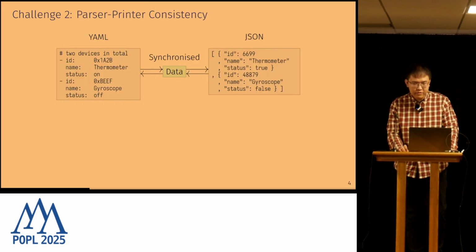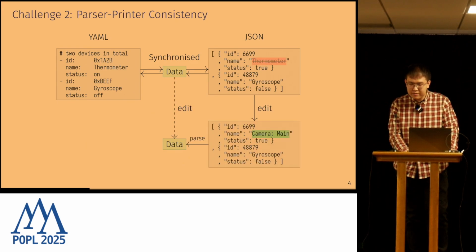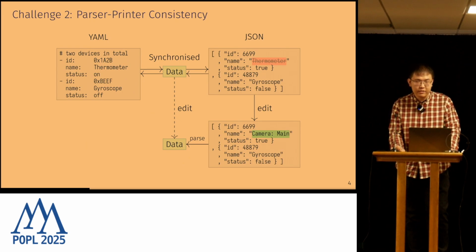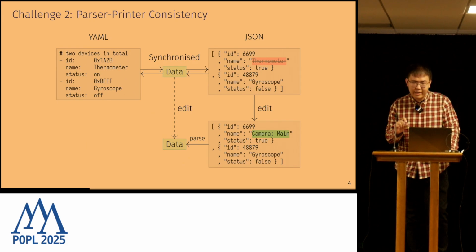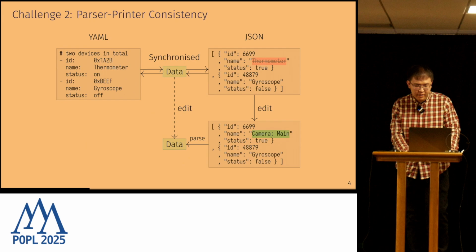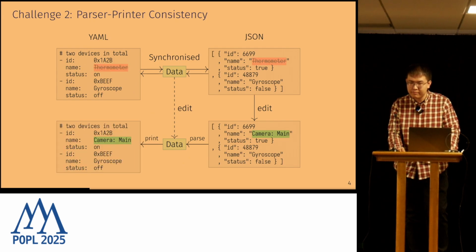The second challenge is that there are some consistency issues between the parser and printer. This time we apply a slightly different edit on the JSON file by introducing this suspicious colon space into the string. And if our printer tries very hard to preserve the original formatting, we get this file.